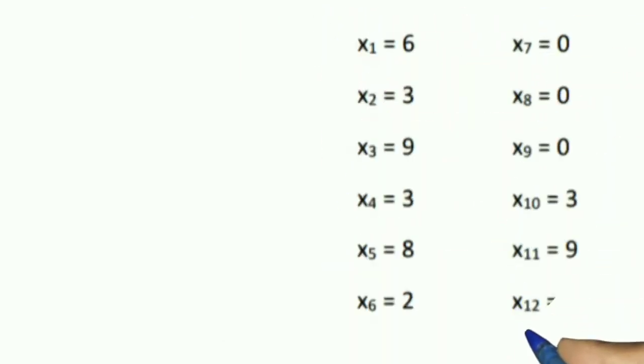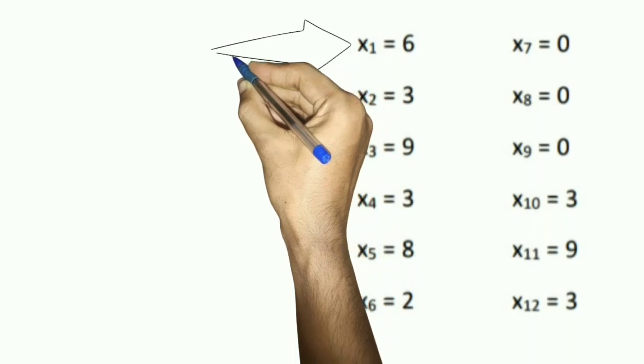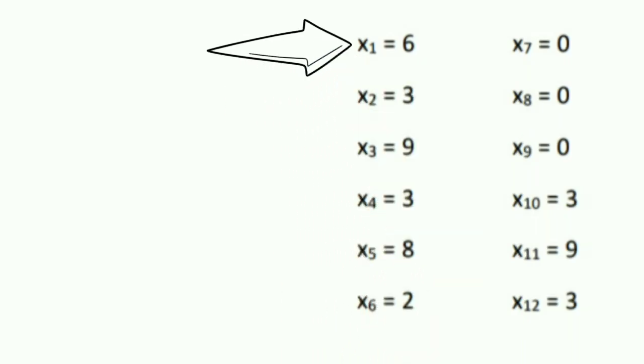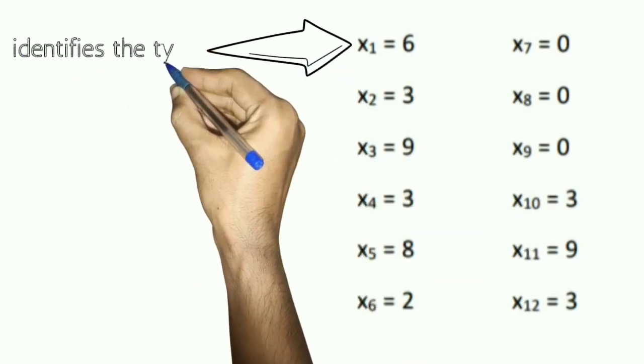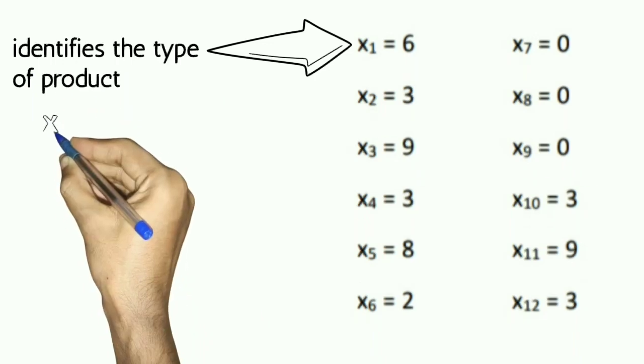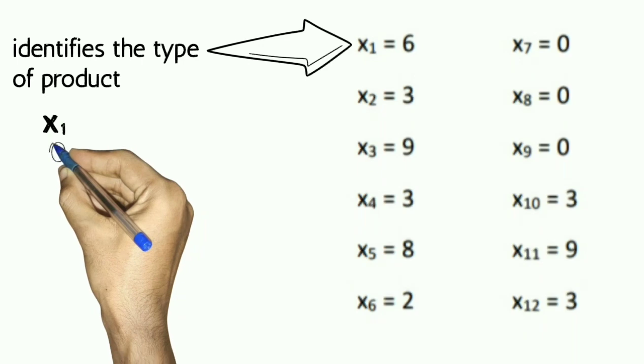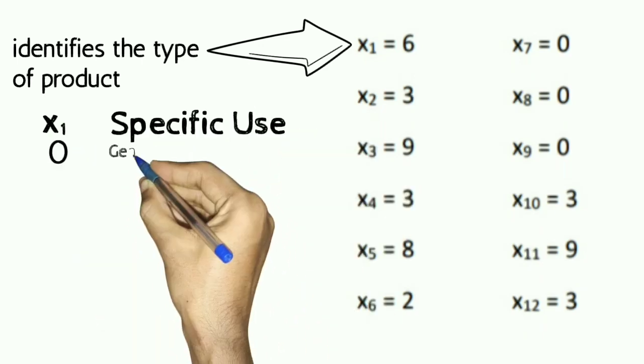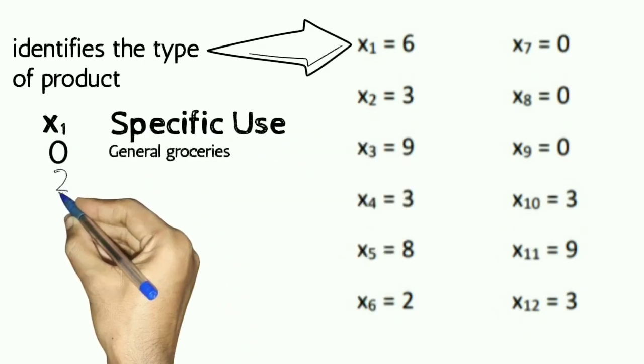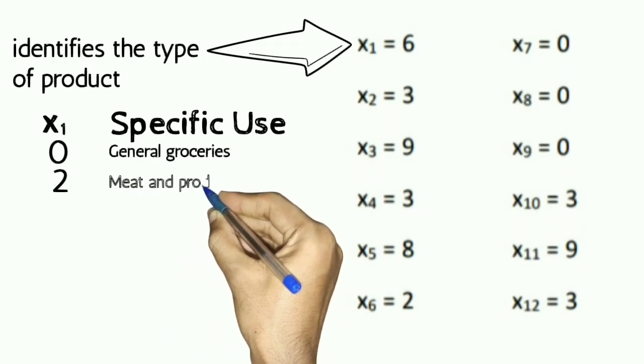In a 12-digit UPC, the first digit, x sub 1, identifies the type of product. If x sub 1 is 0, this pertains to general groceries. If 2, meat and produce.